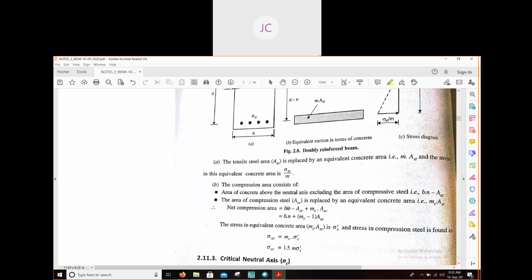Okay, so now the total area of the compression zone will be, just add the two values: Bn minus ASC plus MC ASC. This is the area of concrete, this is the area of steel. You can see everything is written here.